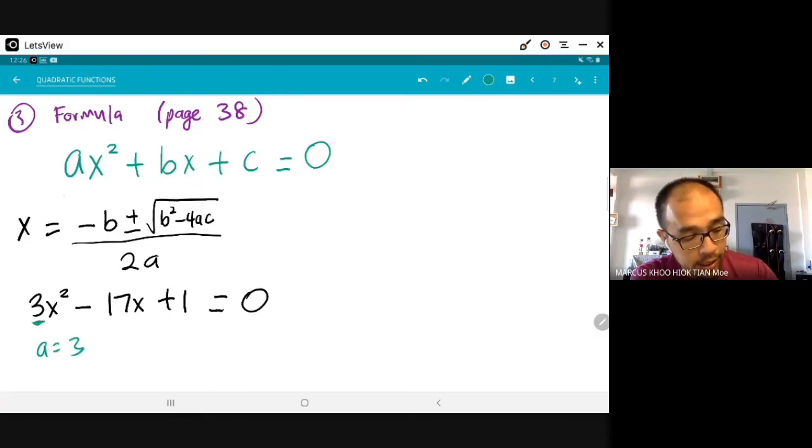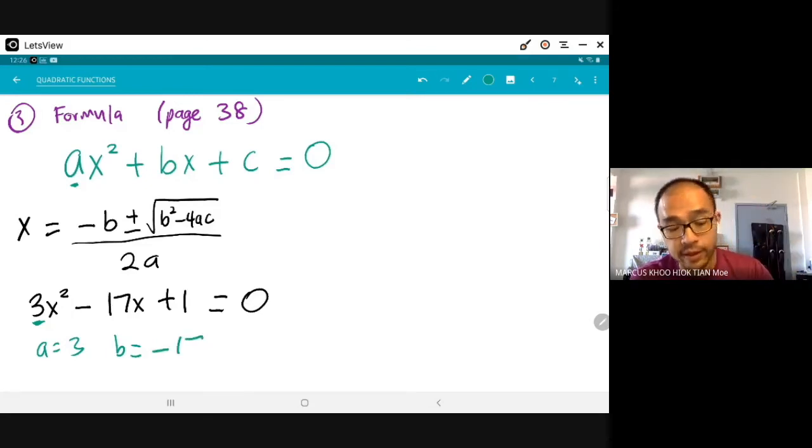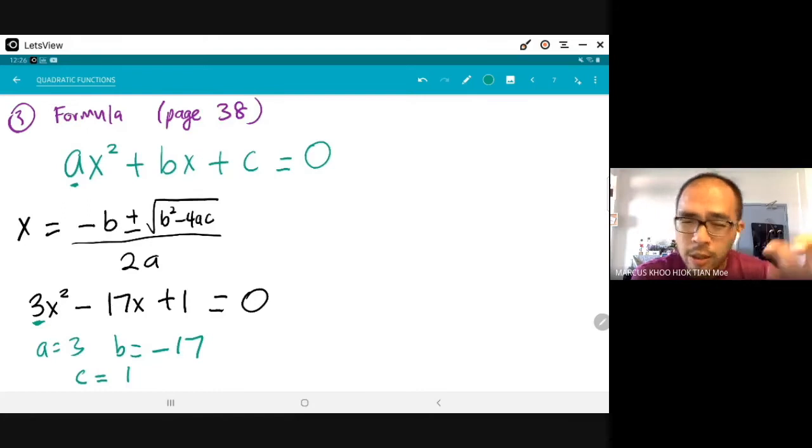Sebab sini a. b is not 17, tetapi negative 17. Very careful, huh? Remember, if it is negative, bring the negative with you. And c equals 1. Kalau dia punya nombor adalah positif, doesn't matter.